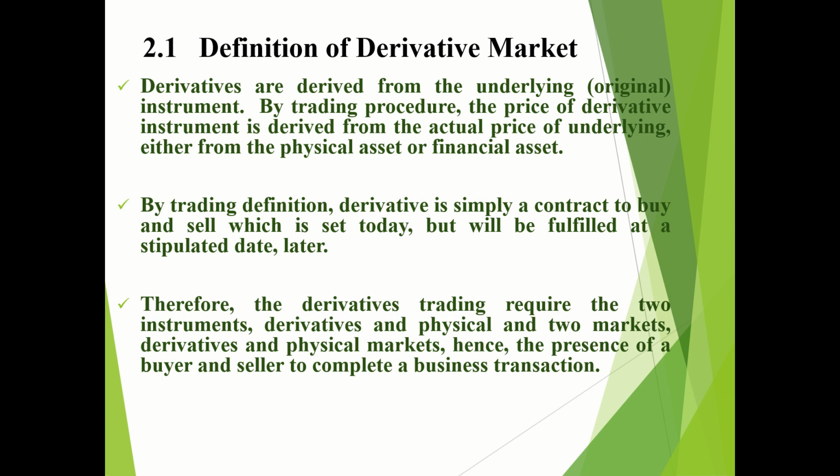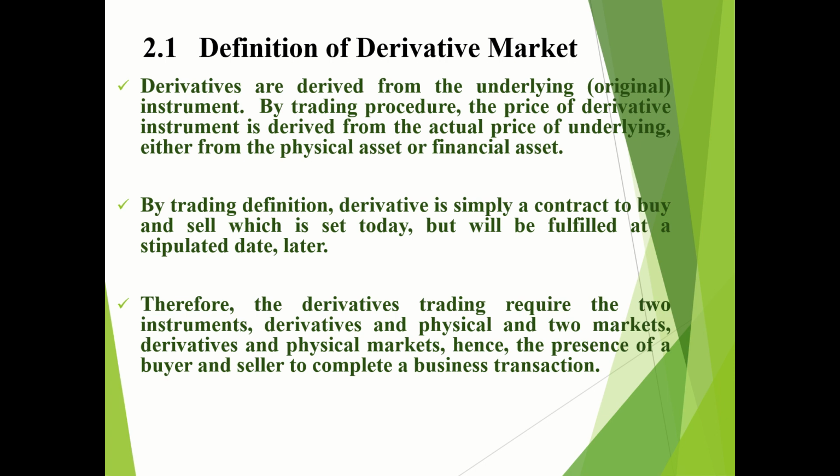First, the physical or underlying asset. Then, the derivative instrument itself. And it will involve two markets. The physical or underlying asset, the mother, where is it traded? In the cash market or spot market. But its child, the derivative instrument or security, will be traded in the derivative market.